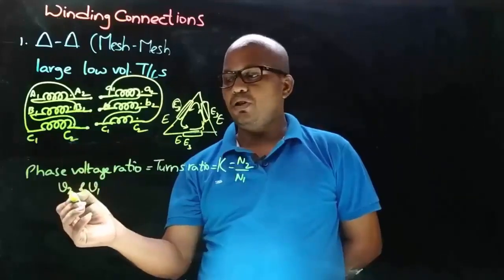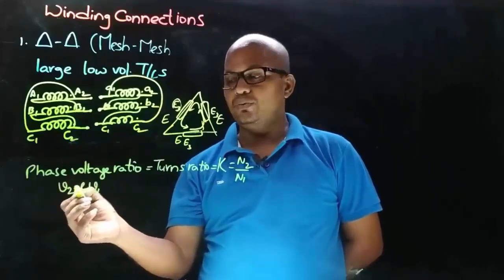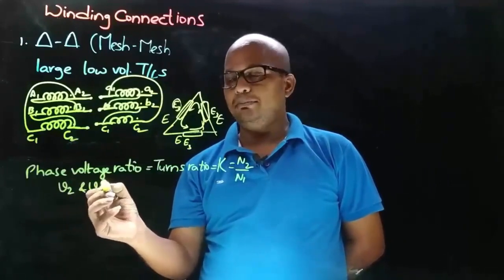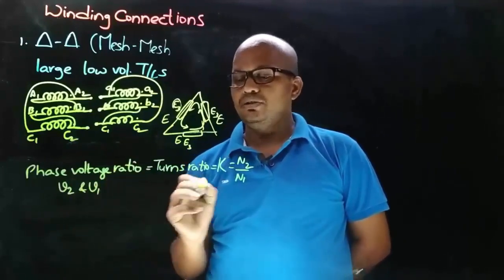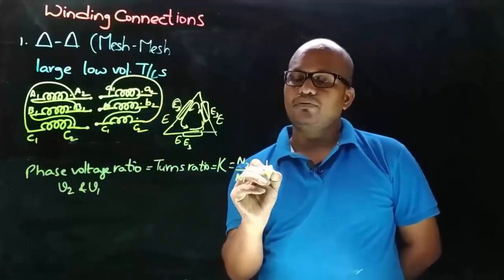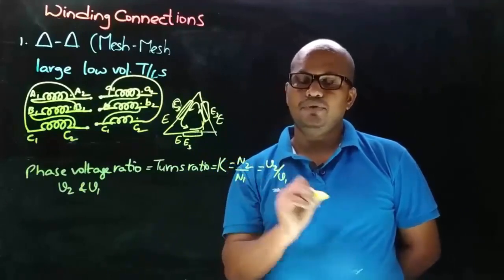Let small v2 be the secondary side phase voltage and small v1 be the primary side phase voltage. So that can be taken as equal to small v2 by v1.